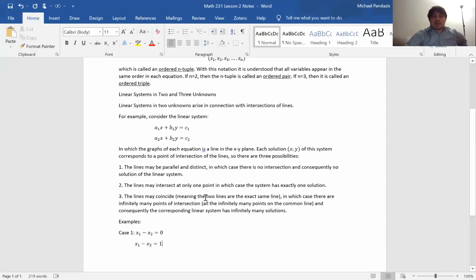Okay, and then the third case was the lines may coincide, they have the exact same line. So you have a linear system where the two lines are the exact same line. Let's say you have the equation x1 minus x2 is equal to 0. That's your first equation. And let's say your second equation is 2x1 minus 2x2 is equal to 0.